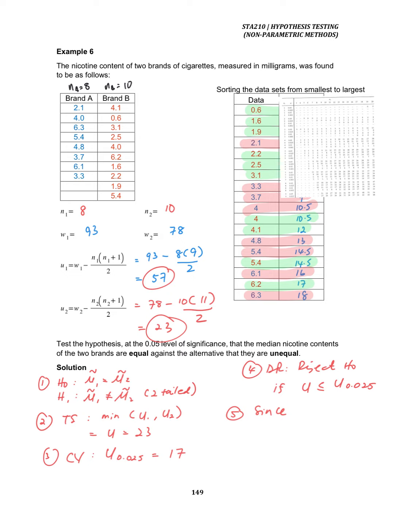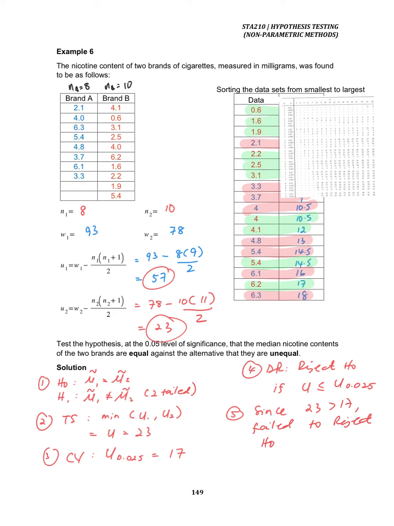Jadi kita akan reject kalau test statistik kita less than or equal to the critical value. But since our test statistic is 23, greater than 17, we fail to reject the null hypothesis. So we can conclude that the median nicotine content of the two brands are equal.